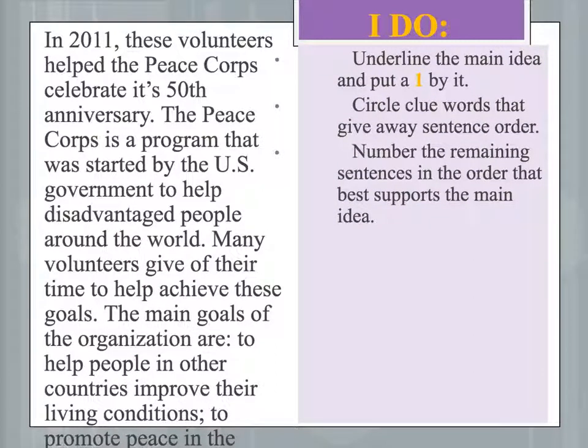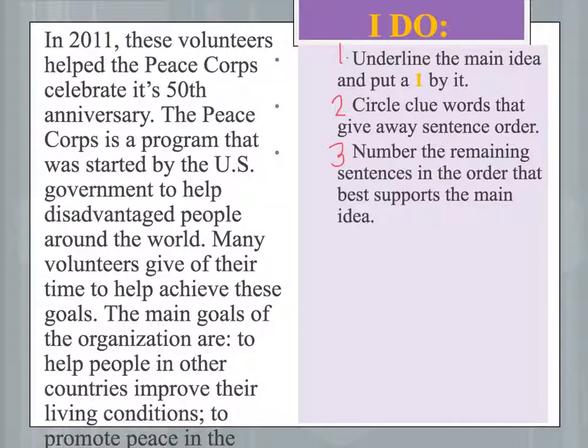All right, I'm going to model this first one for you guys. So first, I'm going to read it, and then I'm going to underline the main idea and put a 1 by it. Then I'm going to circle clue words to give away sentence order, and then third, I'm going to number the remaining sentences in the order that best supports the main idea. So, in 2001, these volunteers helped the Peace Corps celebrate its 50th anniversary.